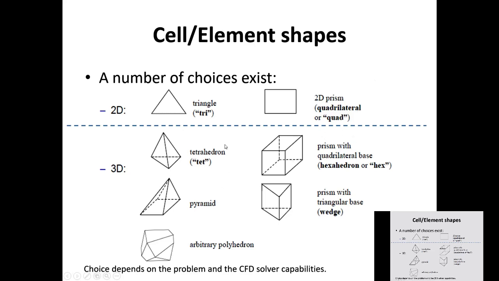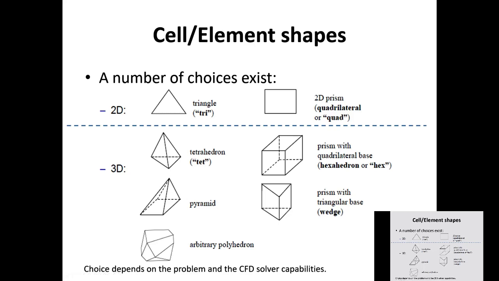In 3D you can have tetrahedrons, hexahedrons, prisms with triangular base, and pyramids. Look at the difference between a pyramid and a tetrahedron. The base of a tetrahedron is also a triangle. The base of a pyramid is a square.